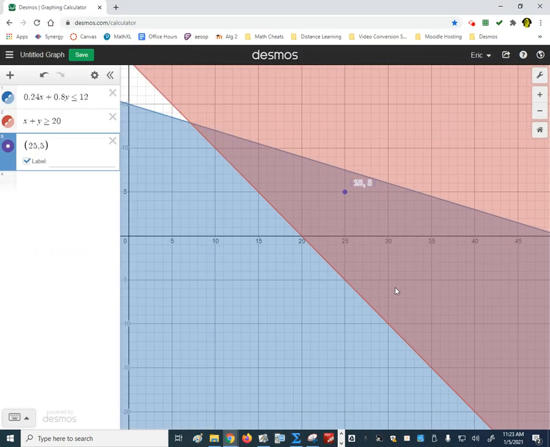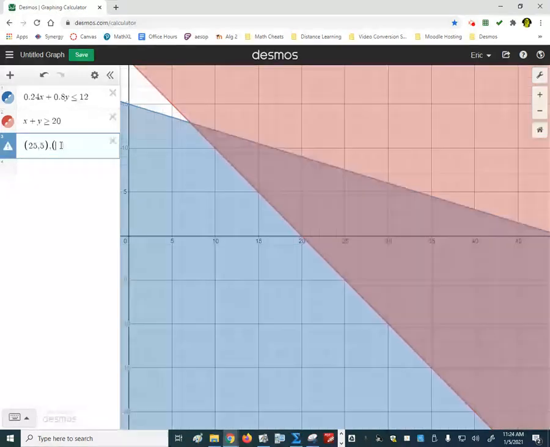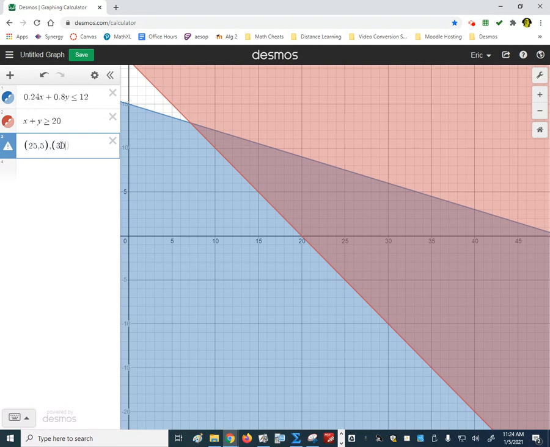So there's one that works. The graph is telling me, according to this double shaded region, I could also have the point. It looks like if I go over 30 and down 5, that's another point that's in my shaded region. Does that make sense to you, James Thatcher?